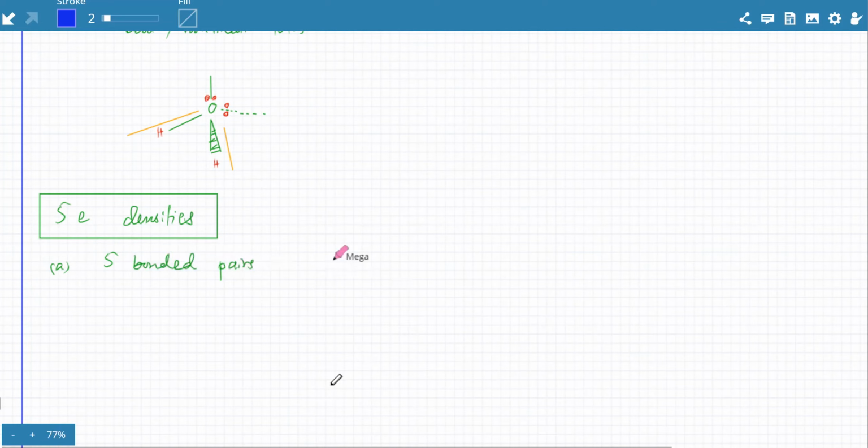How does the molecule look if you have five bonds? It looks kind of like this. There's going to be phosphorus, which is bonded to Cl. There's a bond. So this is fan shaped.